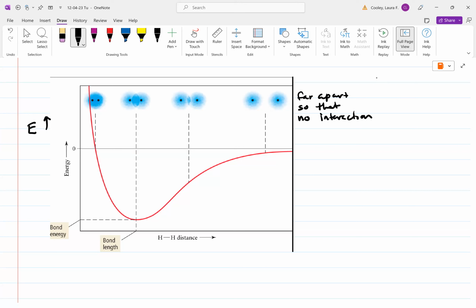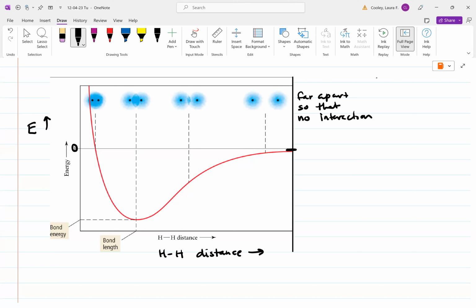In other words, they cannot feel that the other one is there. And that's what we call the zero of energy. So when they're far apart, notice this is zero here. And this x-axis is simply the H-H distance. We're talking about two hydrogen atoms. When they're far apart, they're not feeling each other. There's really no energy associated with this interaction. They're just too far apart.